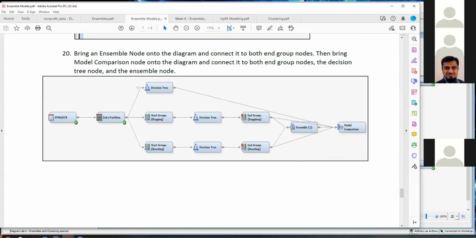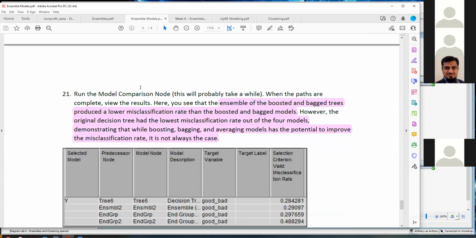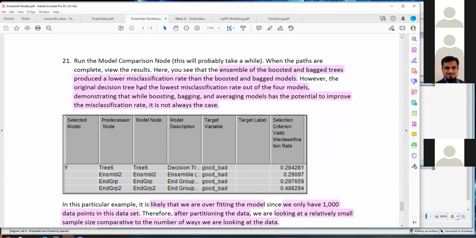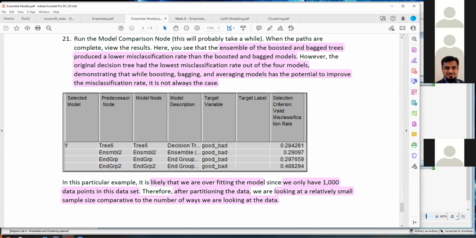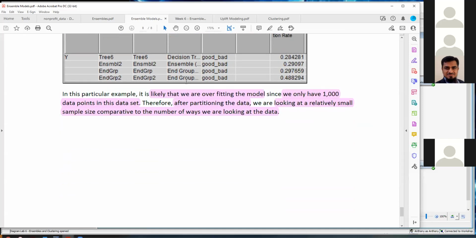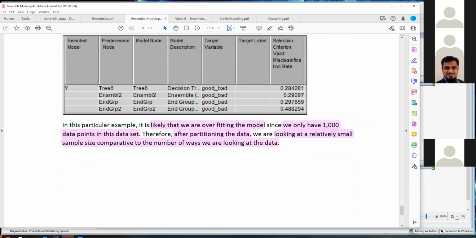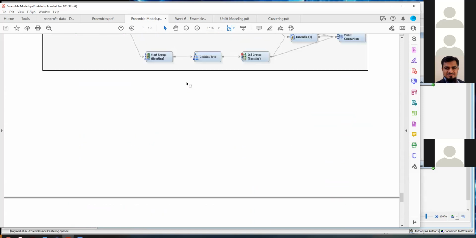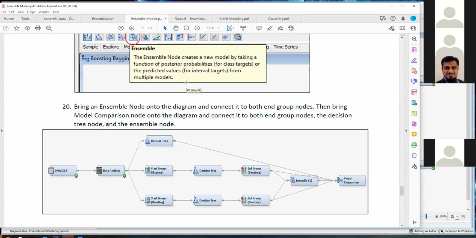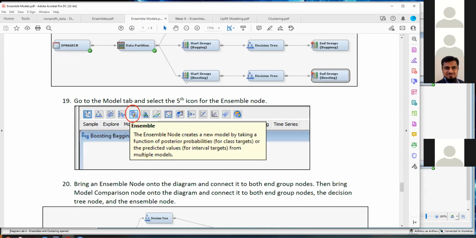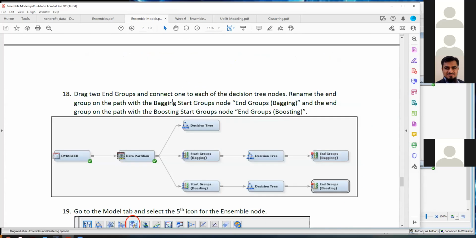And as far as I can tell, it's supposed to be misclassification rate and test.